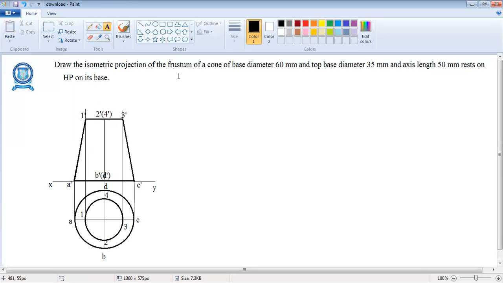Okay. For drawing the isometric projection, first we have to consider the top view of the given diagram.